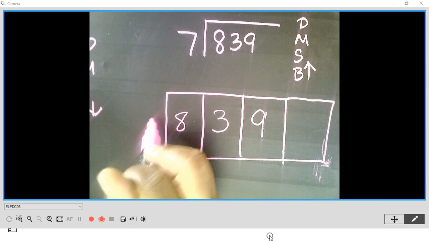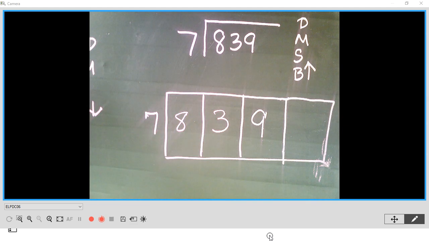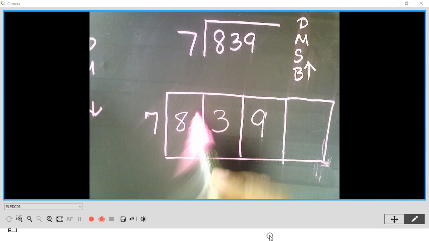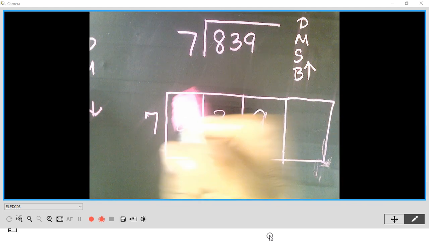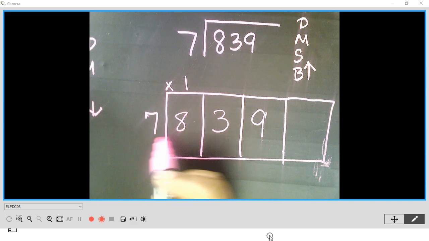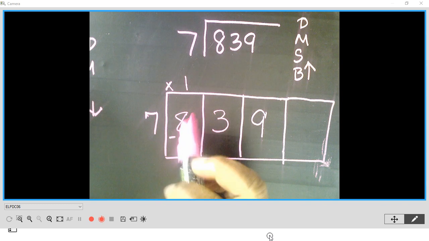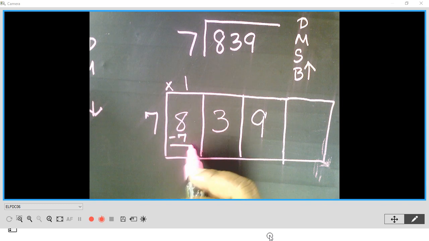Then I'm going to put my divisor on the outside, and that's 7. I'm going to go through the same process. What times 7 can give me closest to 8 without going over? That's going to be a 1. So I put that 1 on top and I subtract that 7 from 8.